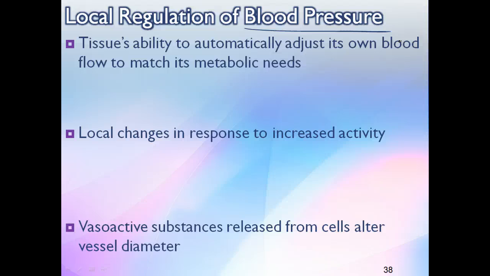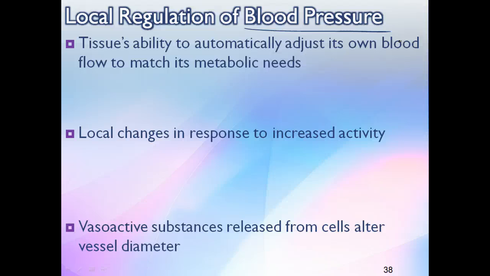Well, we can't really rely on the nervous system and the endocrine system to do this because their signals are sent out system-wide. If we only need to increase blood flow to, say, our hand because we're doing a lot of writing, we can't rely on the nervous system, because it's going to send signals everywhere. Same with hormones. So how can we locally regulate blood flow and only send blood to those areas that need it?